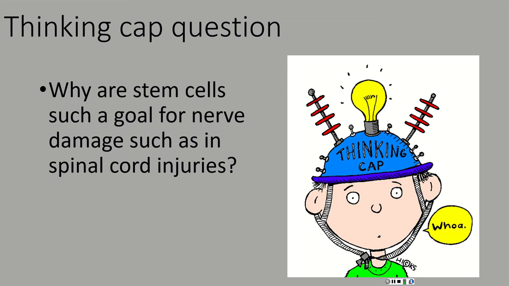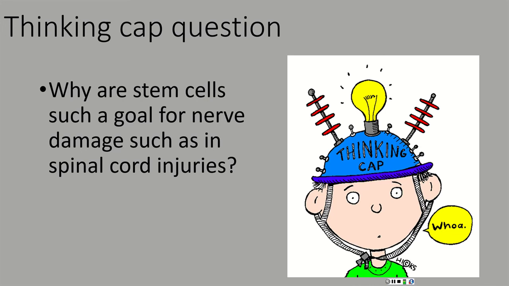Why is it so important for them to use stem cells? Why is that a goal for them? If someone has a spinal cord injury, why do scientists want to study stem cells for that purpose? Go ahead and try to come up with an answer before listening to the answer.